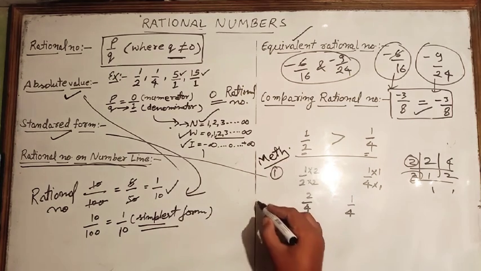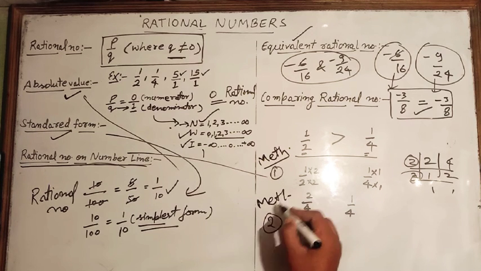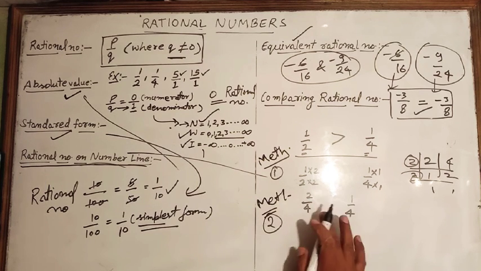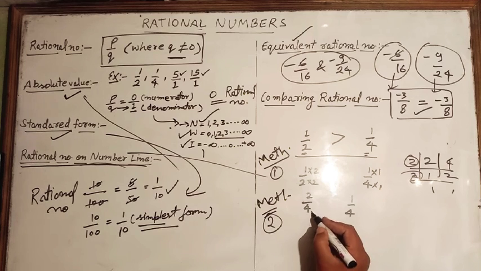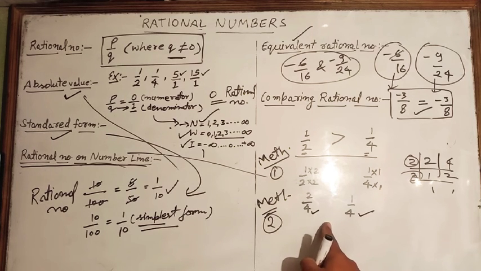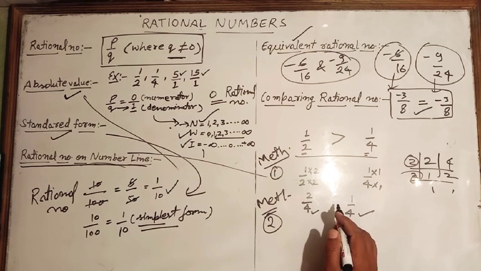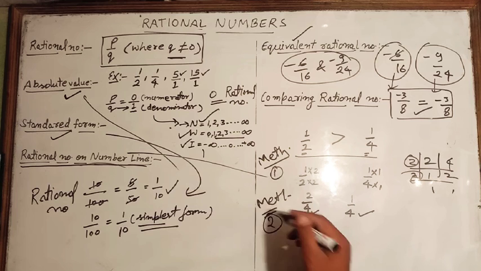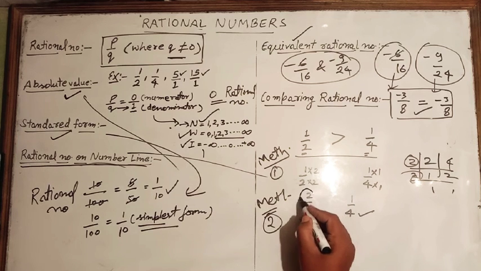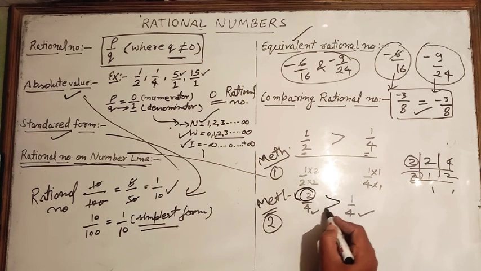So in the first method, now both are like fractions. See, both have the same denominator. So if both have the same denominator, then the fraction or rational number whose numerator is greater will be greater.